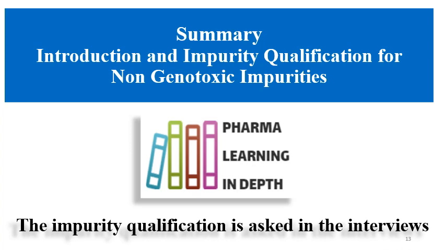There are a number of processes through which impurities can be decreased or kept below the ICH thresholds, because qualification is a very difficult process, and it requires time and cost.